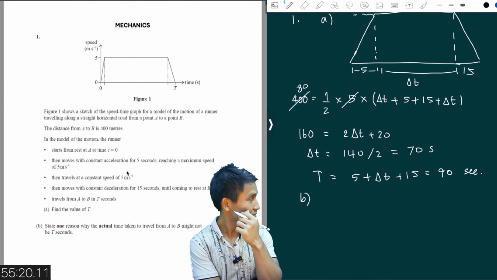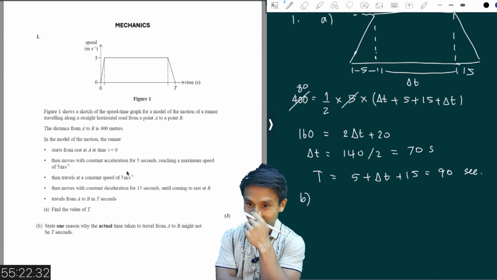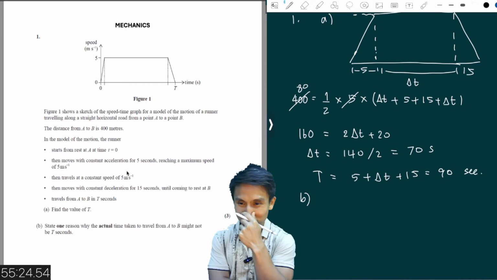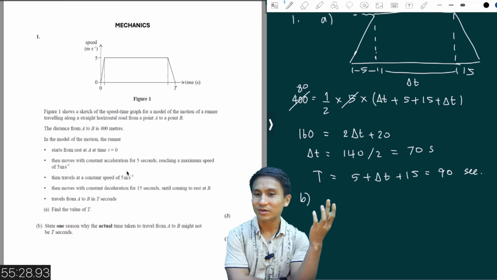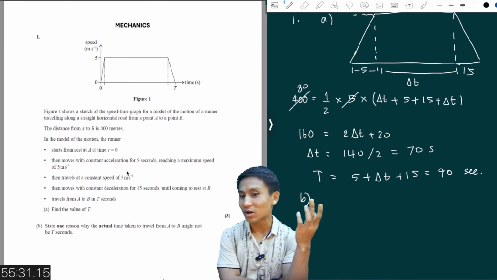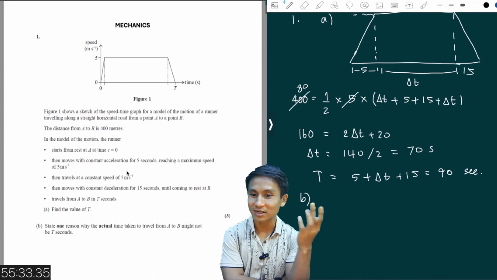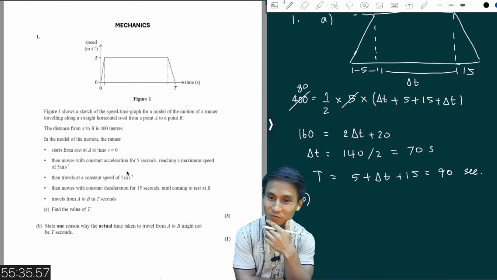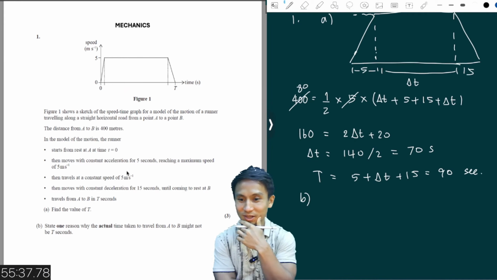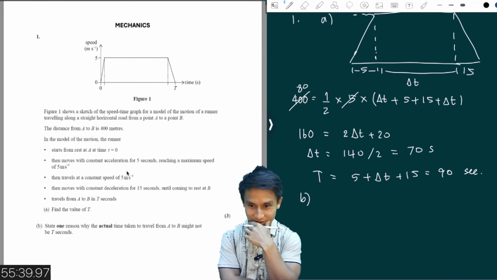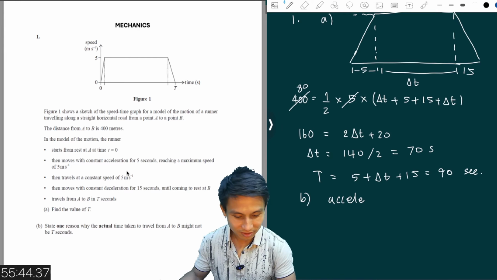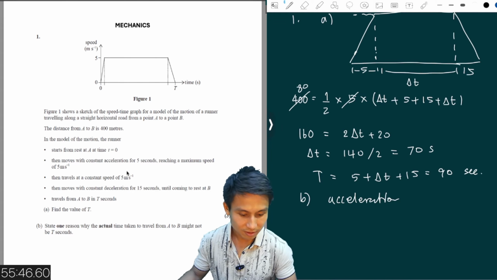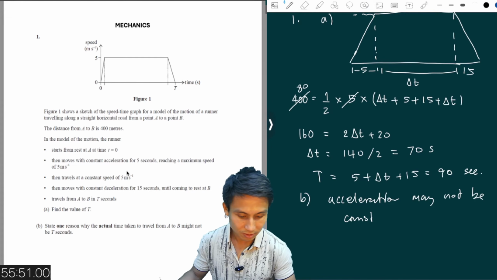The model of the motion is that, yeah, the acceleration might not be constant, deceleration might not be constant, it can change, right? Because this is a human being, we can't accelerate always uniformly. So acceleration may not be constant. I'm going to go with that.